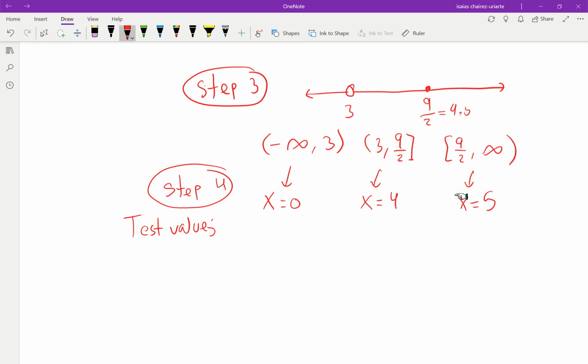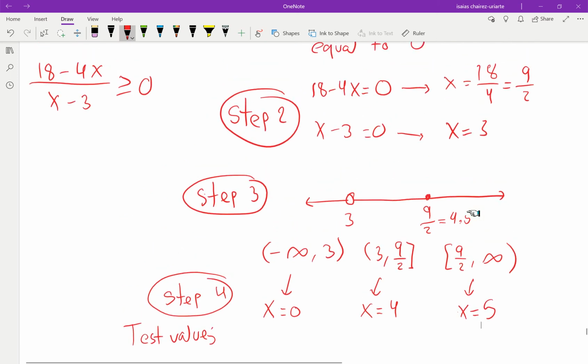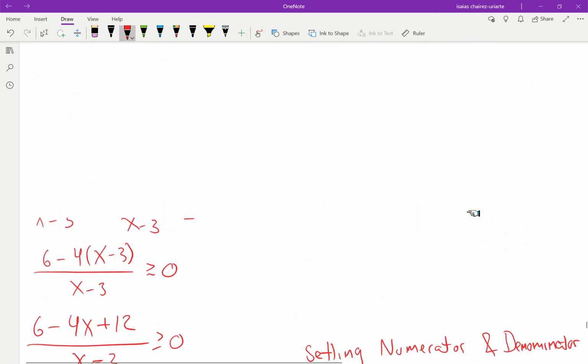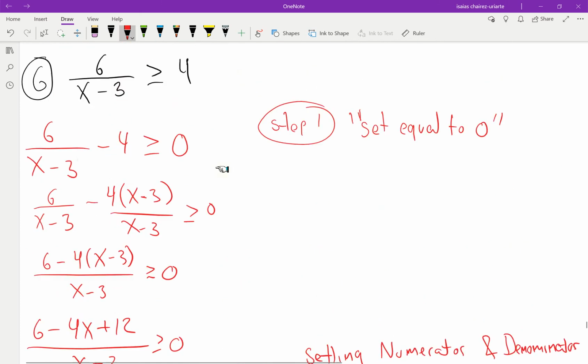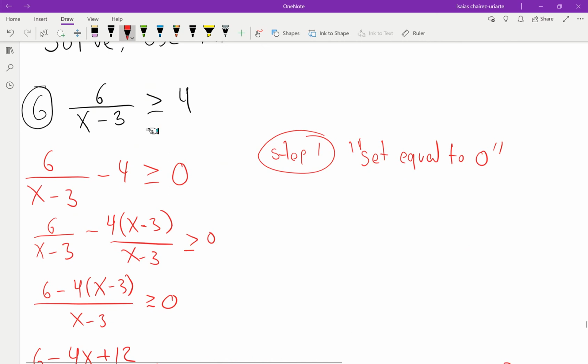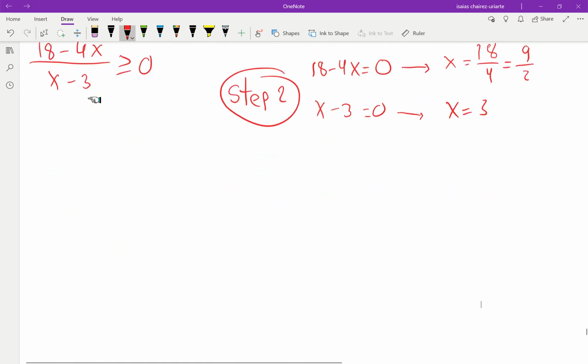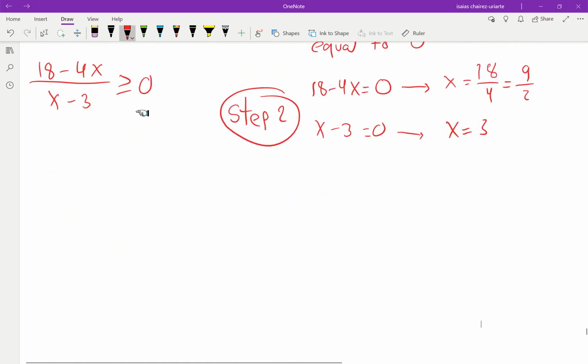Now, what do I plug these values into? Into which inequality? It doesn't matter. It turns out that we could plug into the original inequality that we started with, the one that wasn't set equal to 0, and see if it's bigger than or equal to 4, or we can plug our test values into this other equivalent form, the one that's set equal to 0.